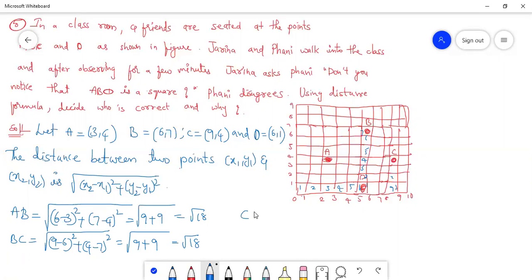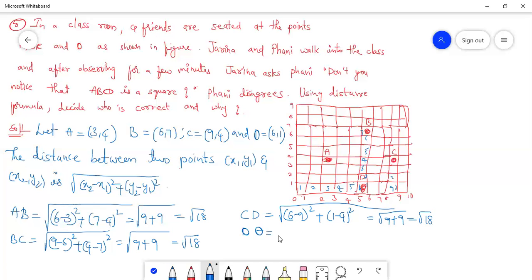And CD is equal to under root of (6 minus 9) whole square plus (1 minus 4) whole square. That is equal to under root of 3 square is 9 plus minus 3 whole square is 9. It is equal to root 18.